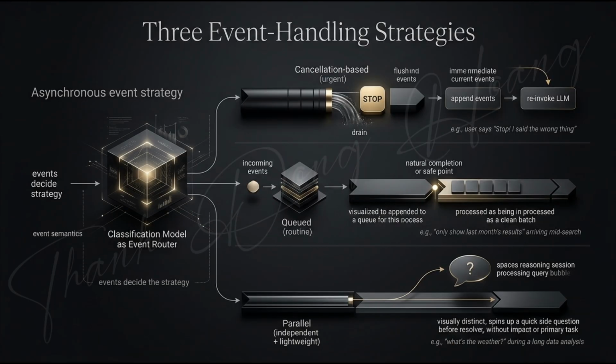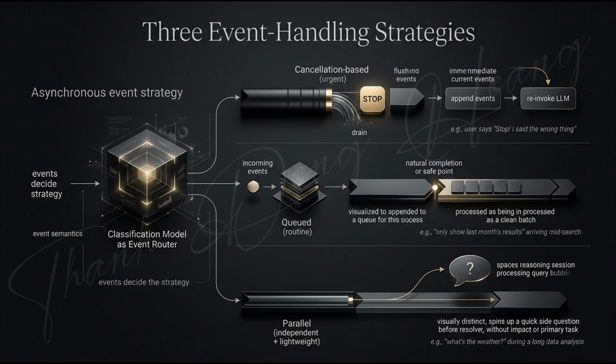Three event handling strategies. There are three ways to handle an incoming event, and they map neatly onto how a person juggles interruptions. For something urgent, stop, I made a mistake: interrupt immediately. Halt whatever's in progress. Gather up anything else waiting and re-evaluate right away.